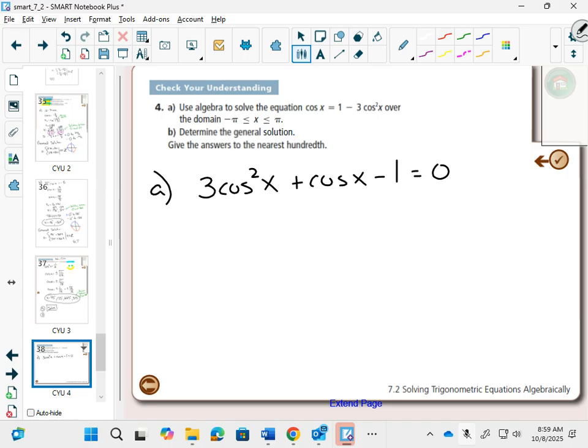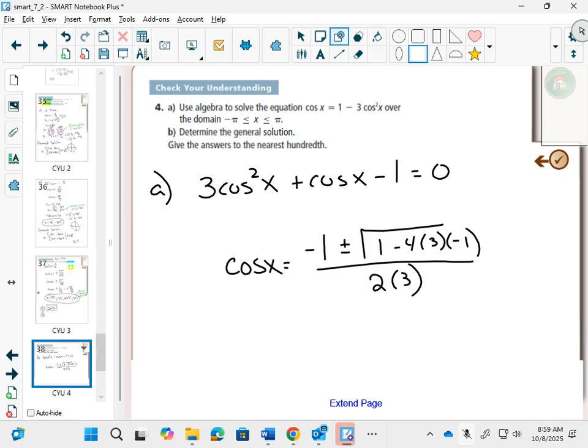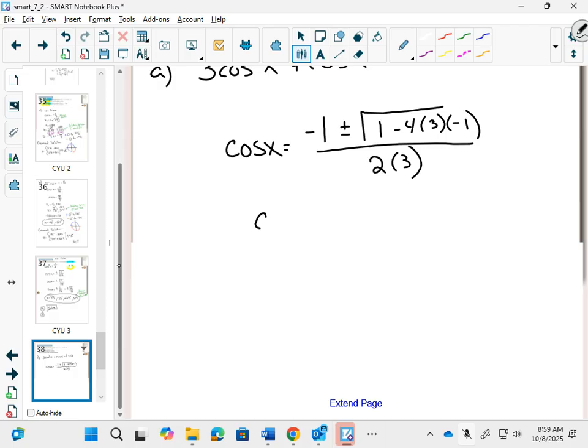Perfect. So for the quadratic formula, since it's cos squared, we write cos x equals negative b plus or minus the square root of b squared, which would be 1, minus 4 times a times c, all over 2a. I'm going to simplify this.